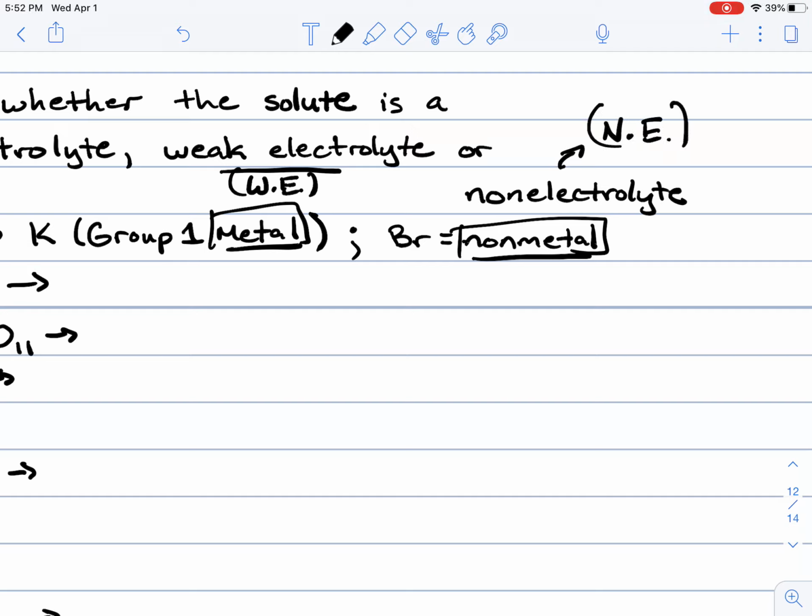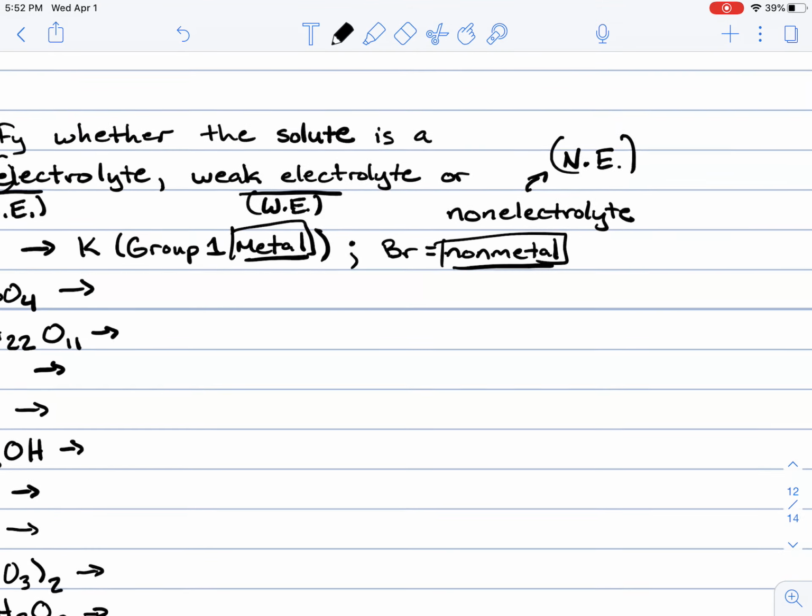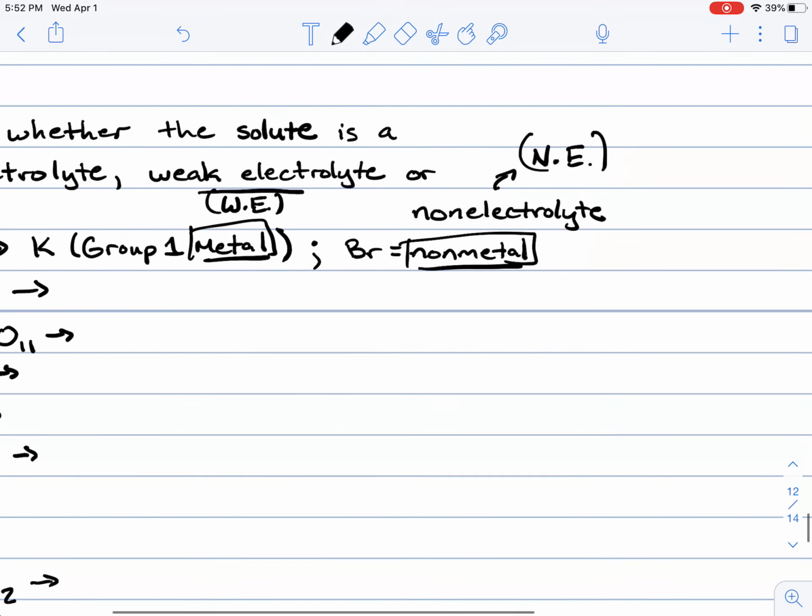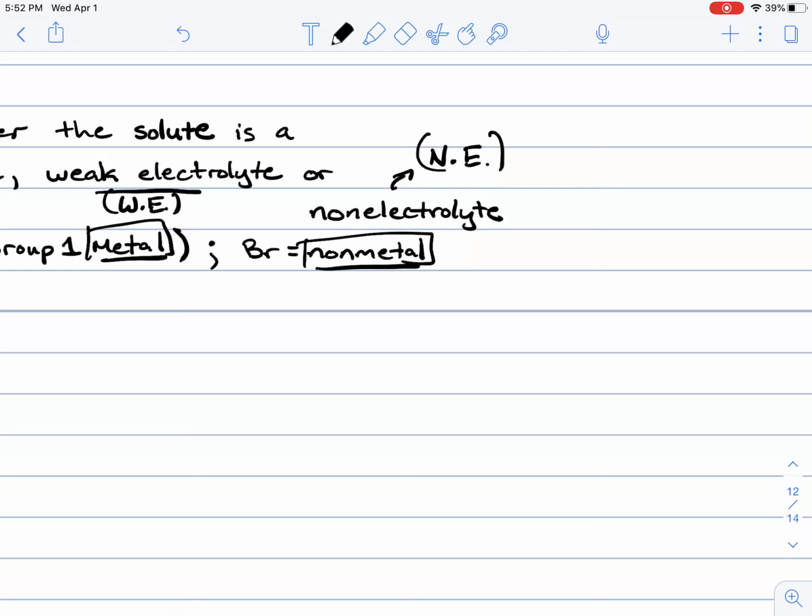And so I'm going to conclude that since potassium is a group 1A metal, KBr is going to be a strong electrolyte. So it's an SE.